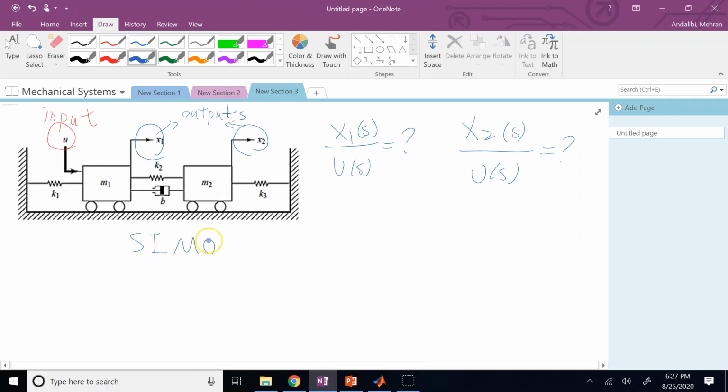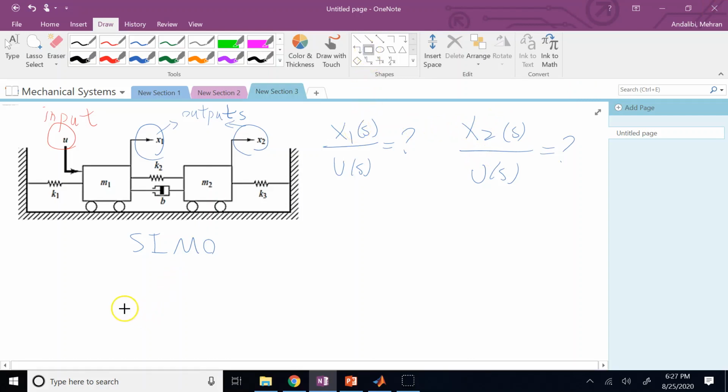Single input, multiple output system. And for this, there is always a matrix of transfer functions. In this case, the matrix is 2-by-1, x1 over u and x2 over u. So it says find them, right? In order to do so, we need to draw the free body diagrams first, right? So let's get started with those.